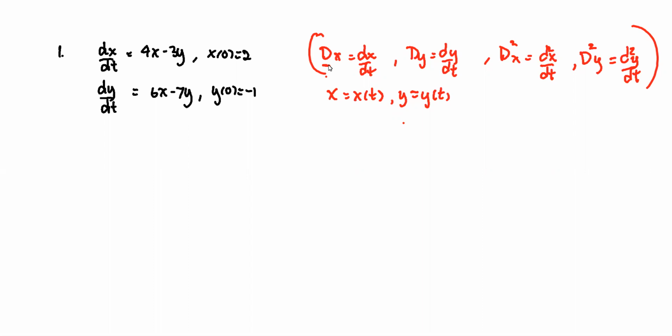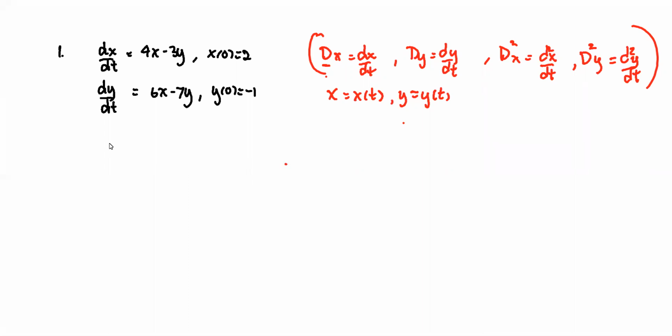To solve this system of equations, we are going to use the systematic elimination method, which means we write it in a systematic way and eliminate one of the dependent variables, and after that we substitute to get the other one. To rewrite it in the systematic way, replace dx/dt with the operator Dx, dy/dt with Dy, and rearrange the terms.